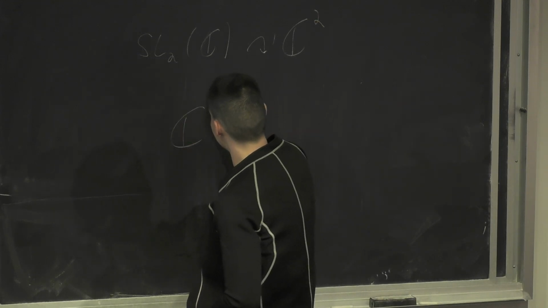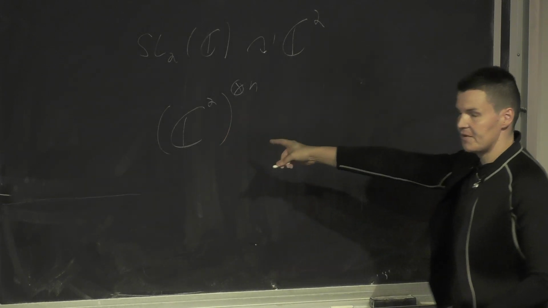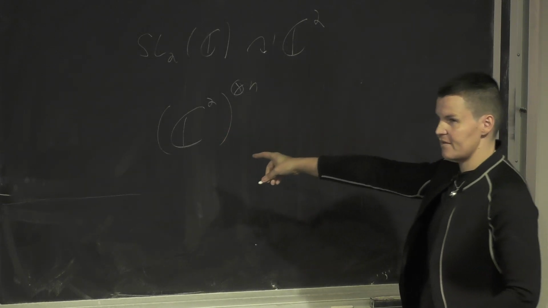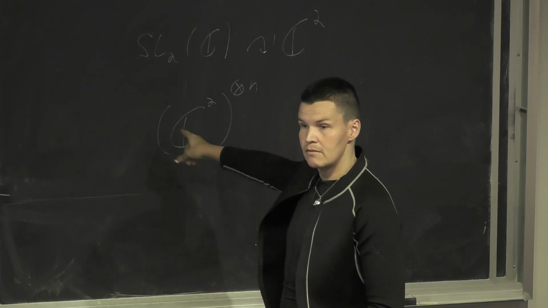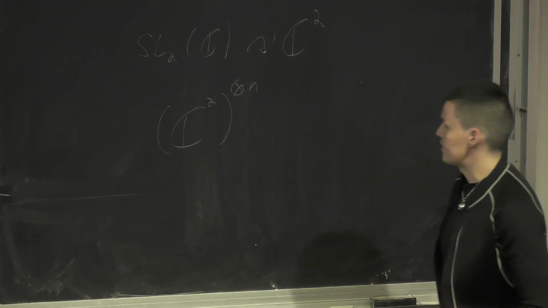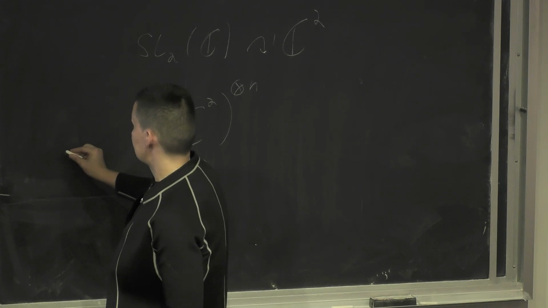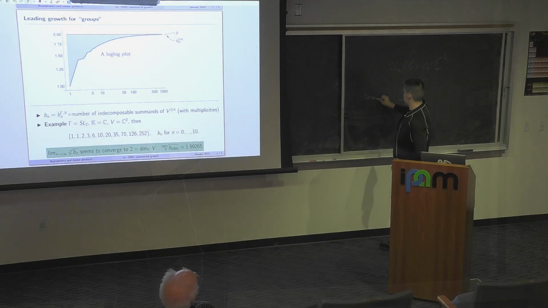I take that space, I take tensor products, and I want to count the number of summands I see. In this case, everything is semi-simple, so simples is the same as indecomposables. So count the number of summands.